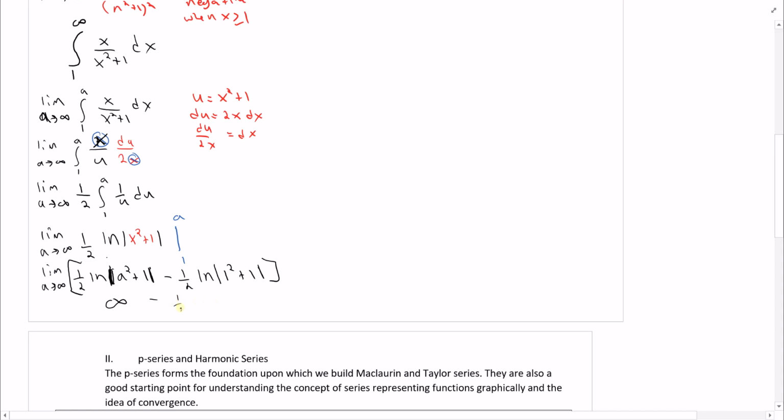This goes to infinity, which means it diverges, right? And so what we would say is, since the integral diverges, then the series also diverges. So we're going to say the series that we're given on the top diverges because the integral diverges.